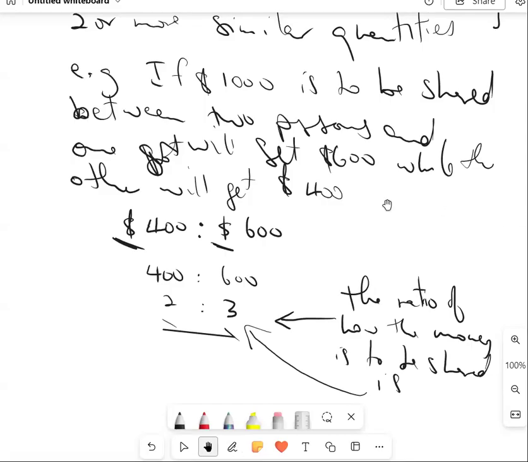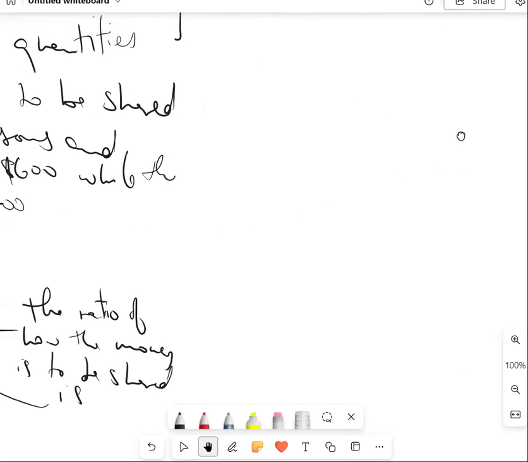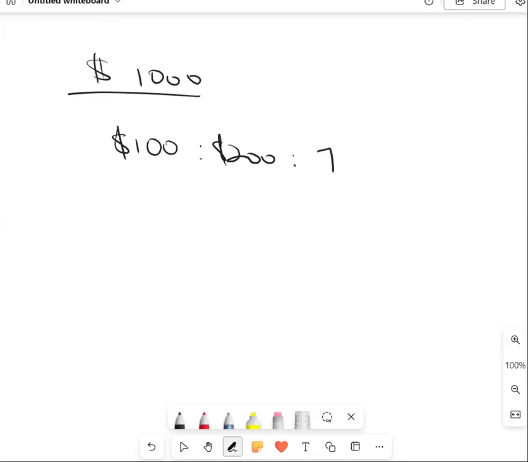So maybe if we take the same situation, and let's say we're sharing the same $1,000. I'm not gonna write out all the words. And let's say we're sharing the $1,000 in the ratio 100 to 200 to, let's say 700, right?